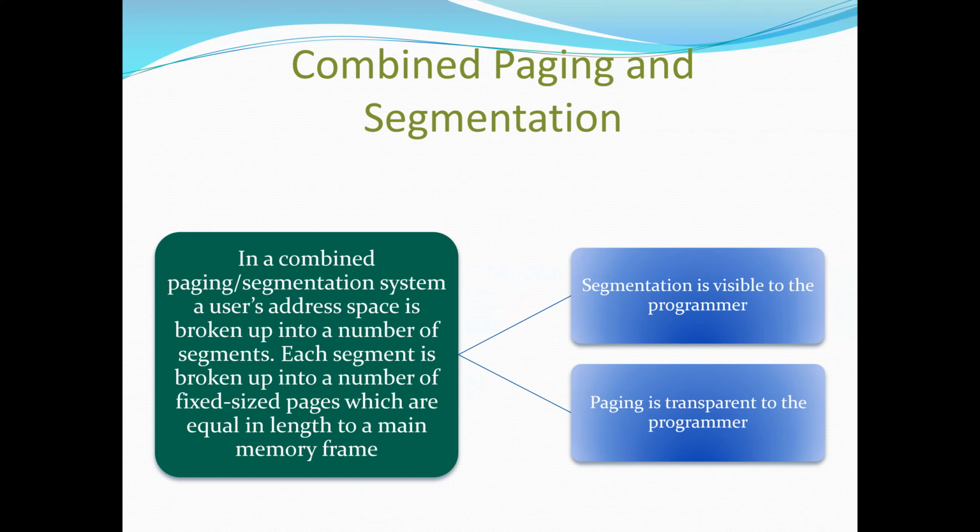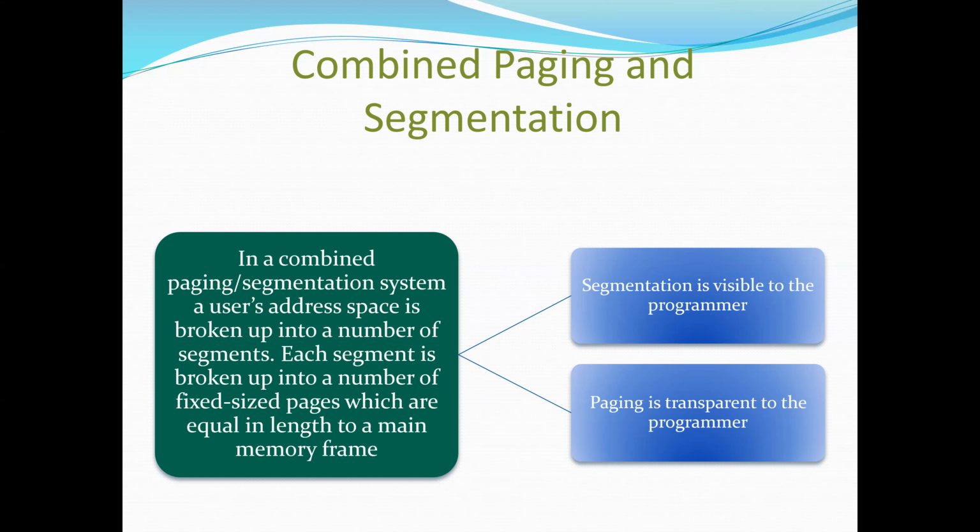Now, each segment table entry contains the starting address of the corresponding segment in main memory, as well as the length of the segment. The same device, the segment table, is needed when we consider a virtual memory scheme based on segmentation.